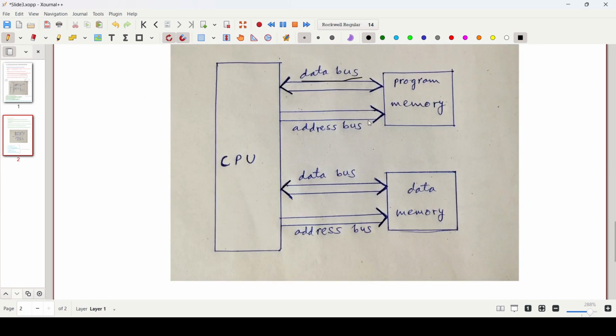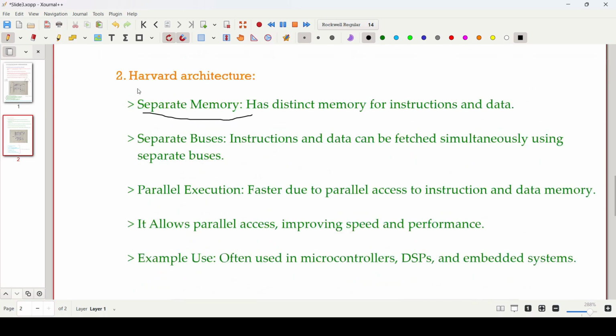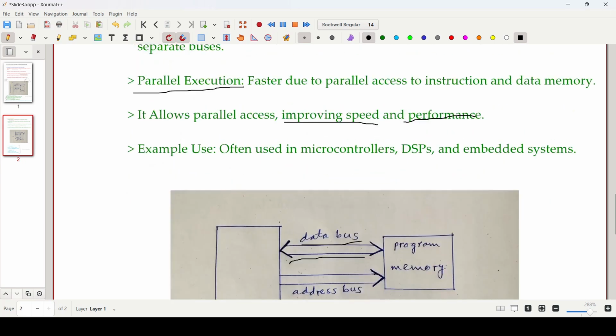It is obvious that you can access data from the data memory and also fetch the program from the program memory, because there are separate buses for these operations. So the Harvard architecture allows you to execute parallel operations, and it also improves speed and performance because of the parallel execution.